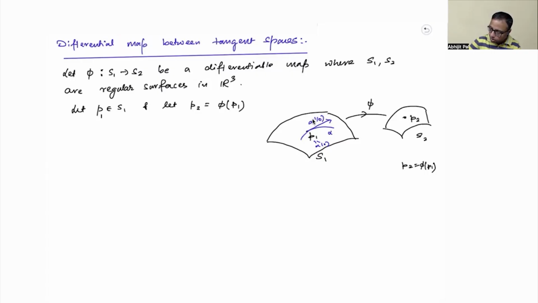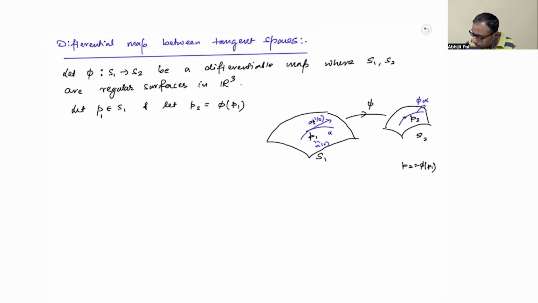So now, alpha is a map in S1. So I can compose this with phi. So I'll get a map. So this is my phi compose alpha. Another curve, phi compose alpha. So this phi compose alpha passes through P2. So phi of alpha 0 is equal to P2.